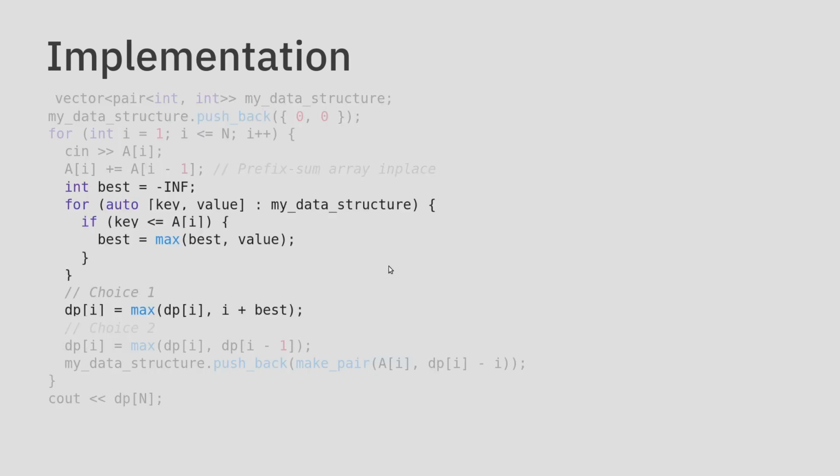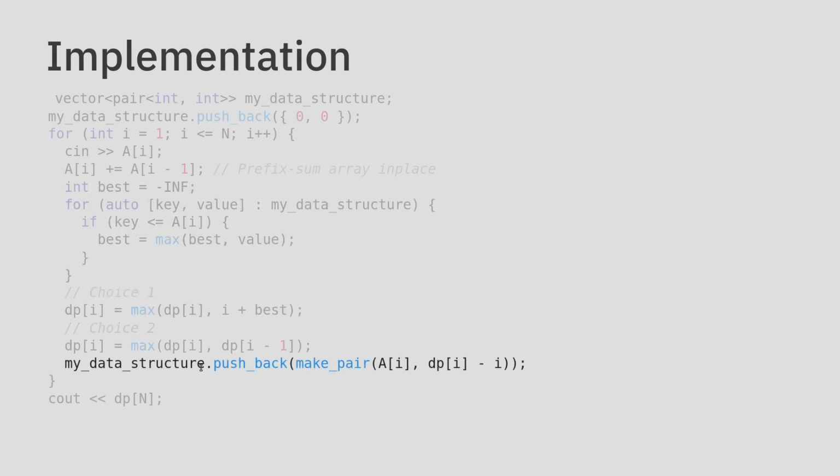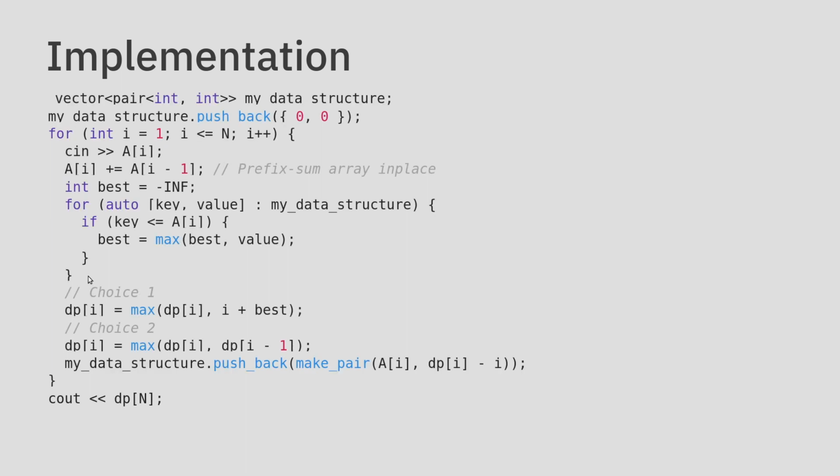So this is the first choice, this is how we will compute it, and the second choice will be straightforward, taking the maximum with the previous index. After that we need to store the key and value into a data structure so that for the later indices it will be used to update the dp array, and finally our answer will be stored in the nth element of the dp.